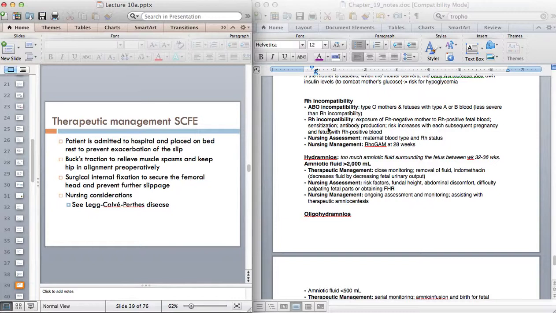But generally, it is noticed during the middle school age group, and that's one of the things that they'll have to do in terms of screening for the child.